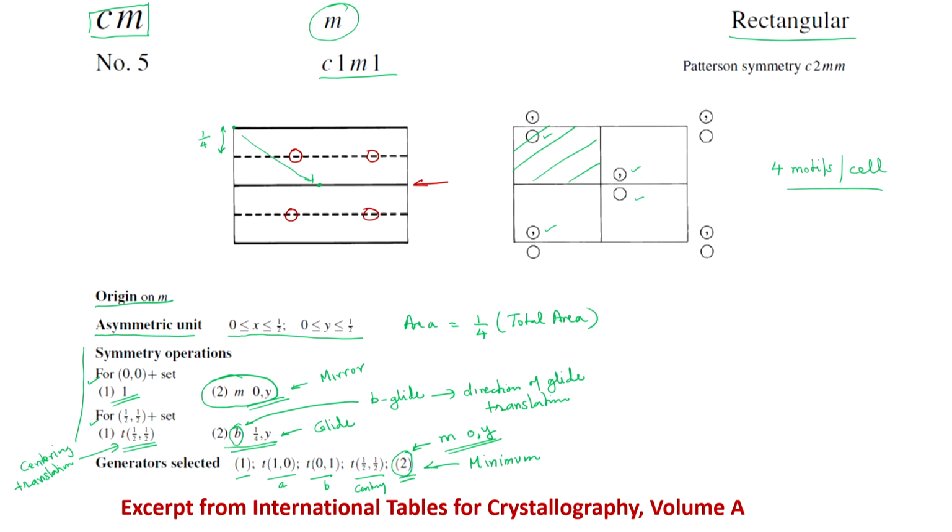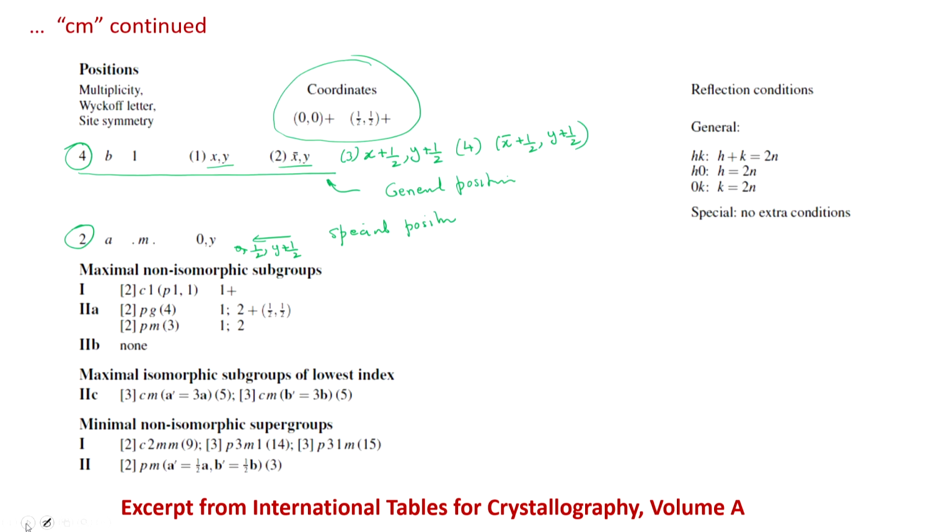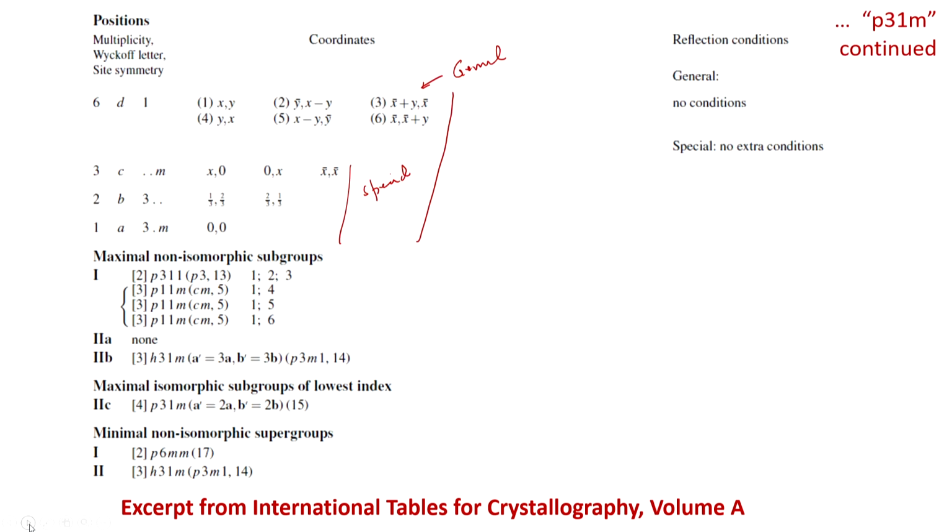And so, what is the multiplicity for this? The multiplicity for this is 4. So, it has the same multiplicity as the general position, even if the atom was not lying on a glide plane. Therefore, glide planes which have glide translations are not special positions. And that is about it.